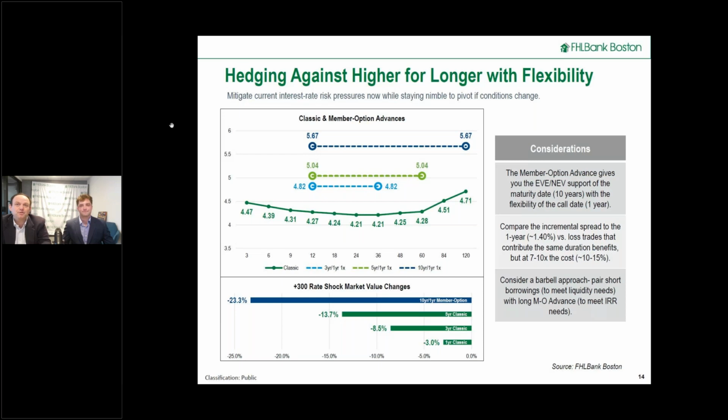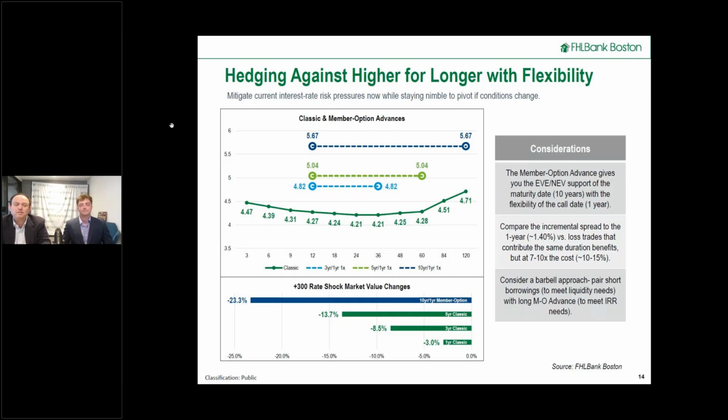And we have three different flavors of the advance. One where there's a 3-year maturity, a 5-year maturity, and 10-year maturity, all of them with 1 year of lockout and then a one-time member-owned call option. And so you can see, because you're buying the option, as we all know, that comes at a higher cost versus the bullet security.